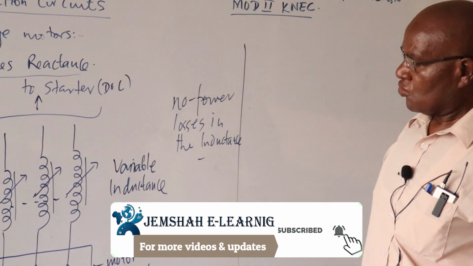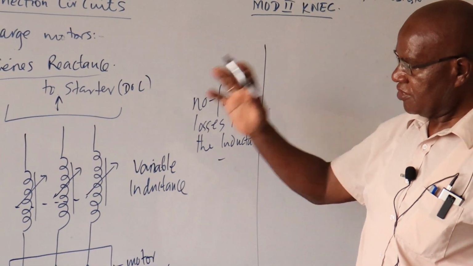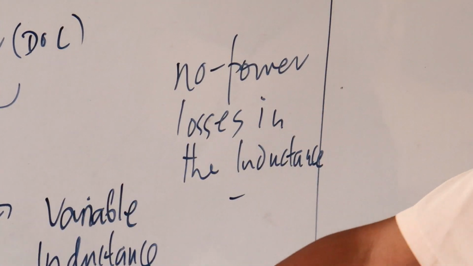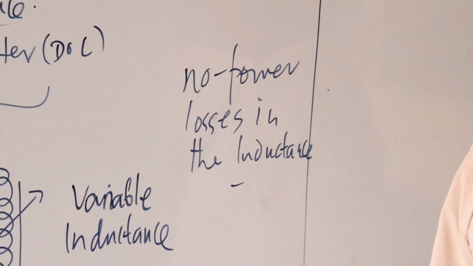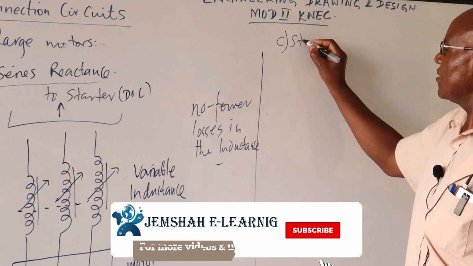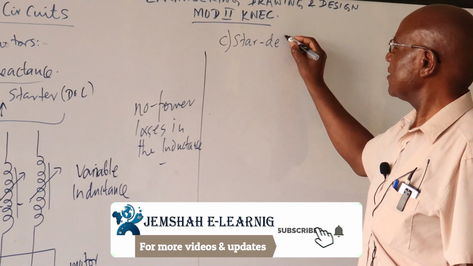So basically those two, reducing the voltage, can be used. Now it's for you to simply judge whether to go for that one or this other one here, and then we can look at the other method which is available, which is referred to as the star delta starter.